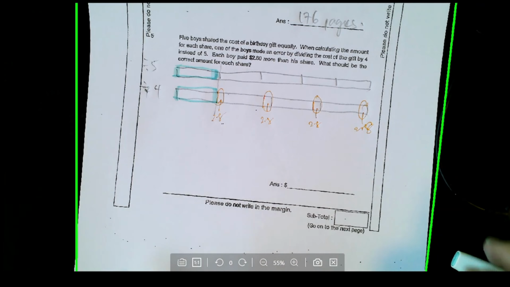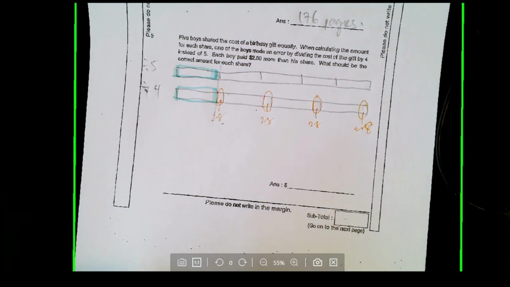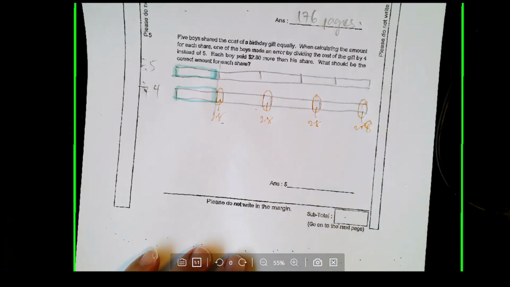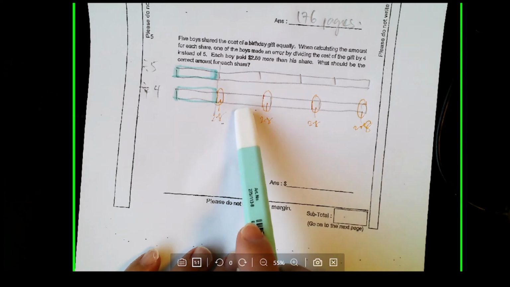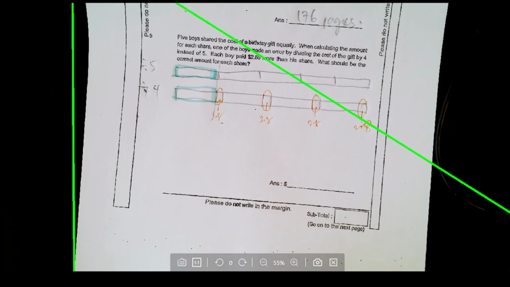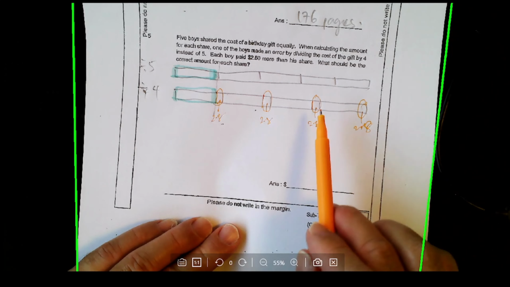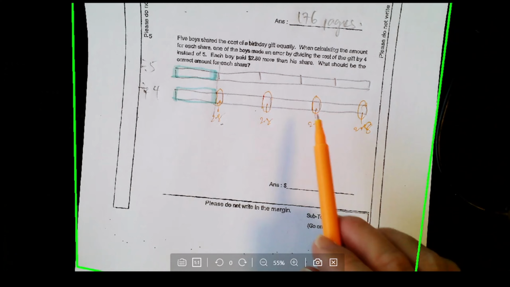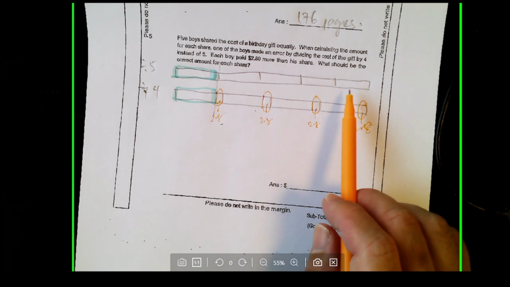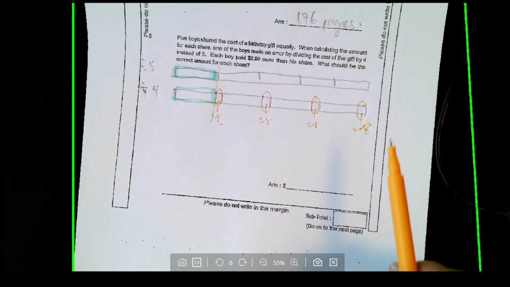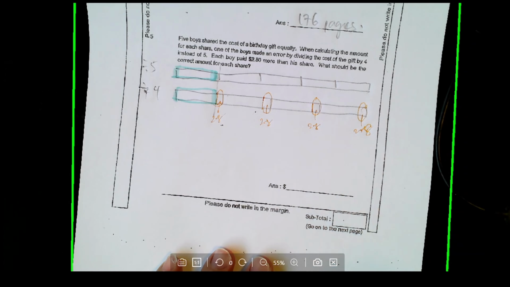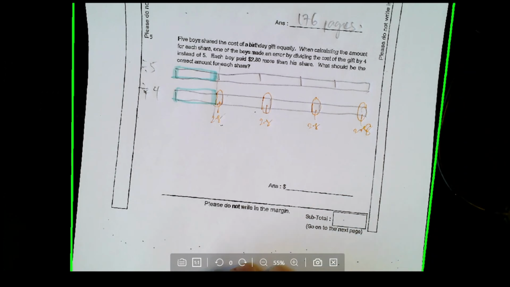So upstairs you have 1, 2, 3, 4, 5. Downstairs you have 1, 2, 3, 4. Which means these four circles are going to make up this one.